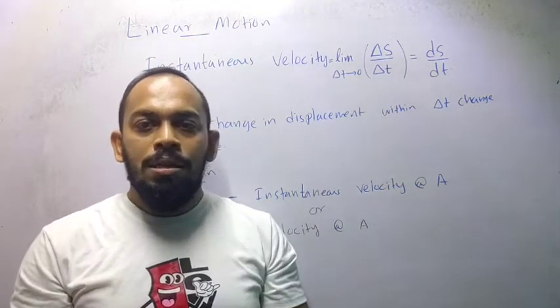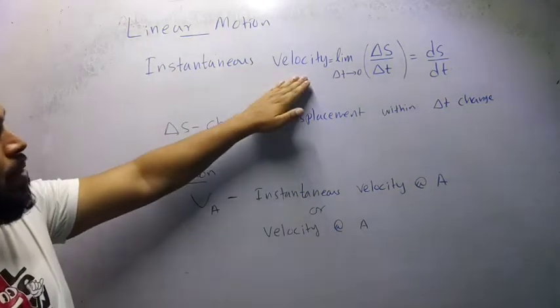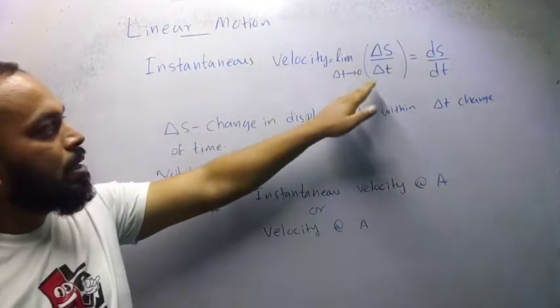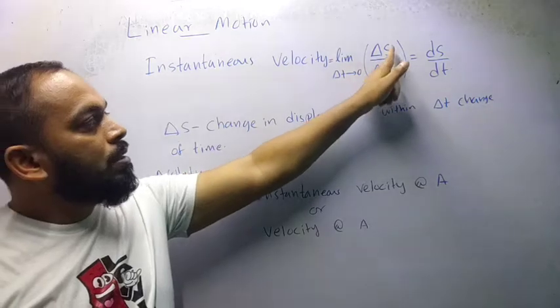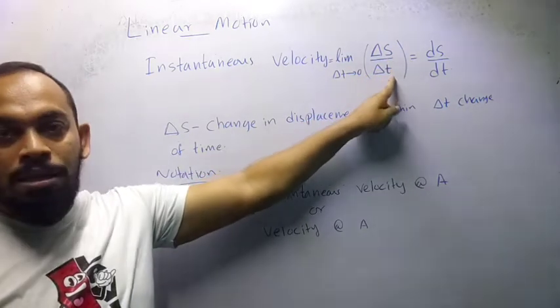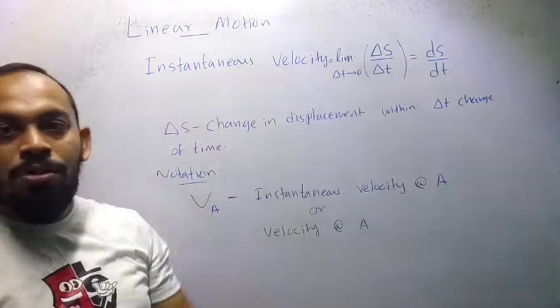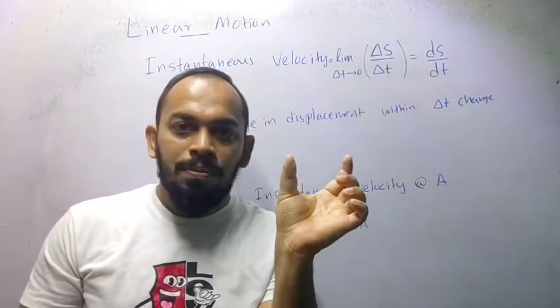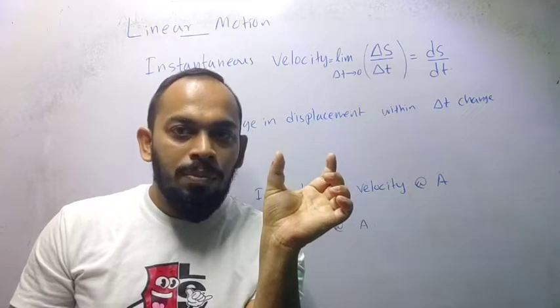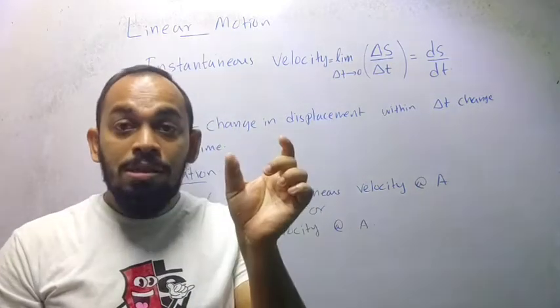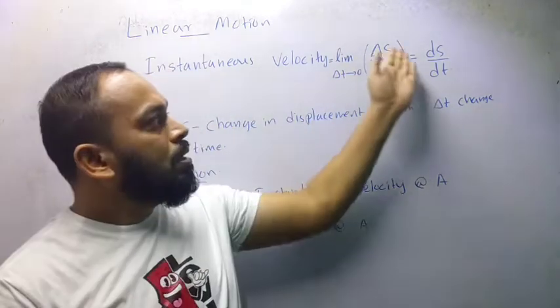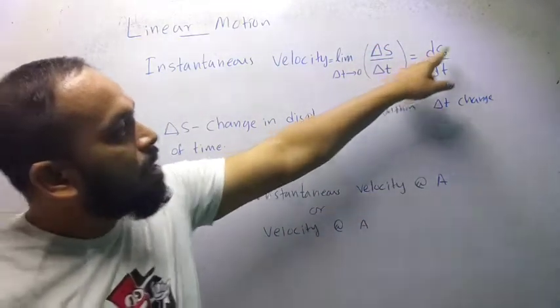What is instantaneous velocity? Instantaneous velocity is defined as the change in displacement divided by change in time, as the limit of delta t tends to 0. When the time difference approaches 0, the displacement value approaches 0 as well, and that is defined as ds by dt.